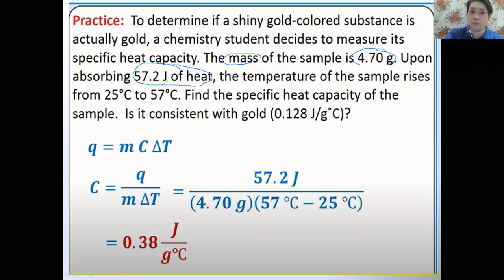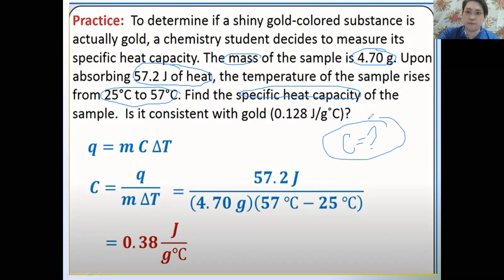And there is a given temperature, which is 25 degrees Celsius to 57 degrees Celsius. So what is being asked here? You are going to find the specific heat capacity of the sample. So you are looking for your C.